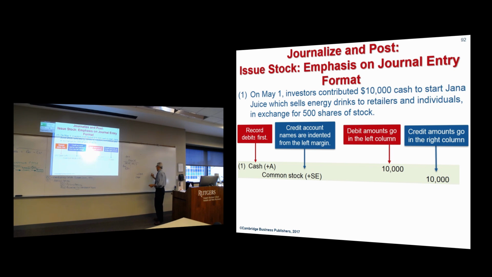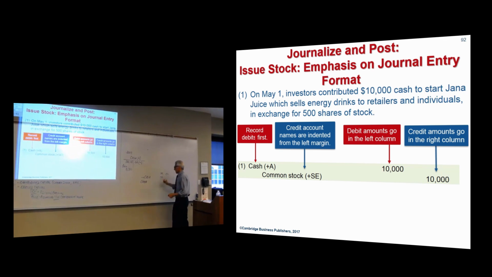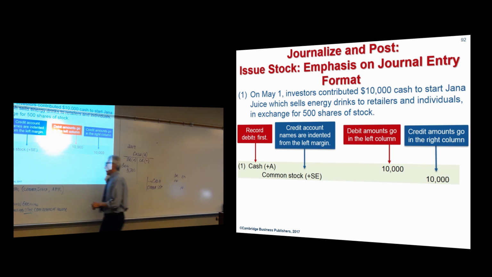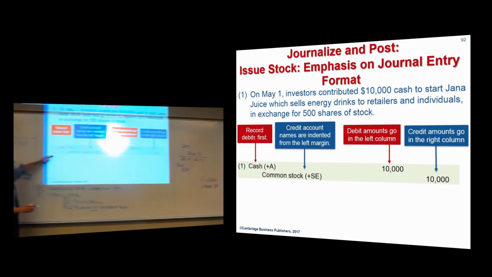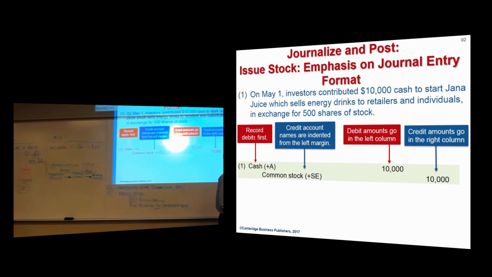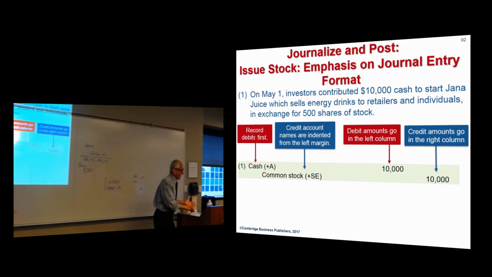The numbers are in the right columns, but my eye goes here first, and I see that common stock is against the margin, you got cash indented. Or if you put the common stock first and then the cash second, even though it's right, if the entry's flipped, it's going to be hard to grade, and it's not correct.